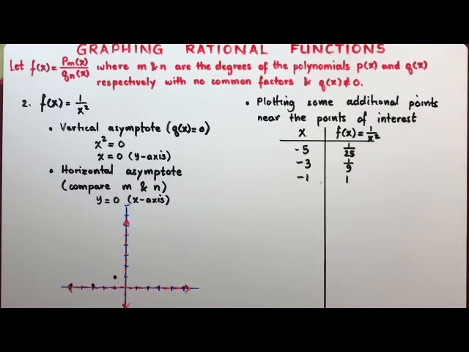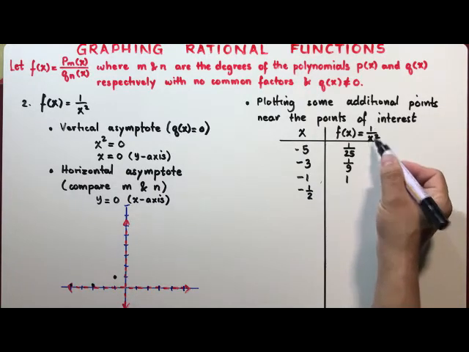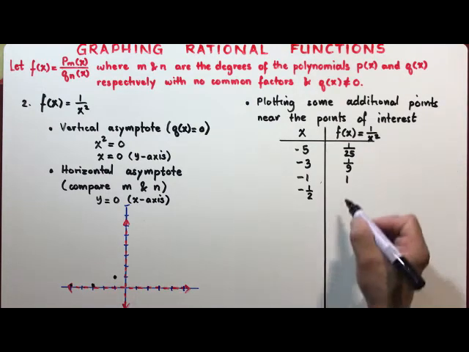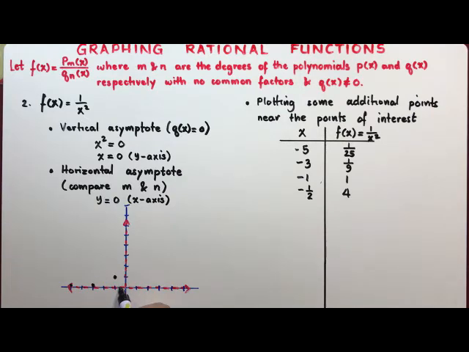So here, if x is negative 1, it's positive 1. And if you try some value closer to the y-axis, say negative 1/2, substituting it here, 1 divided by the negative 1/2 squared, that is 1 divided by 1/4, and 1 divided by 1/4 is 4. So when your x is negative 1/2, it's 4.